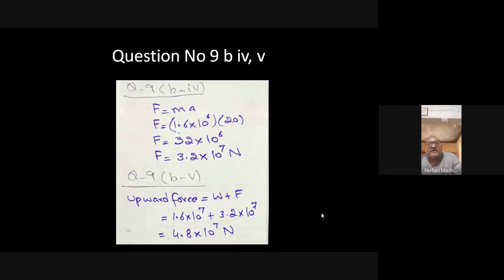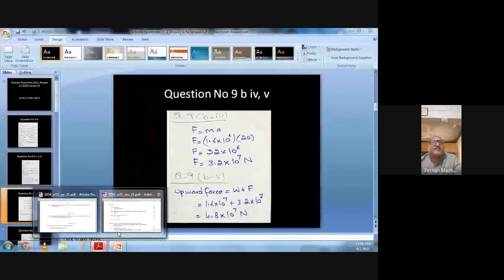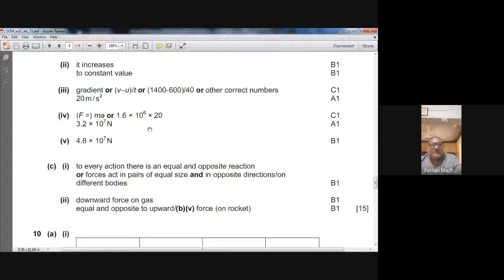Let's check the marking scheme as well. The marking scheme says the final answer is 3.2 × 10^7 newtons.